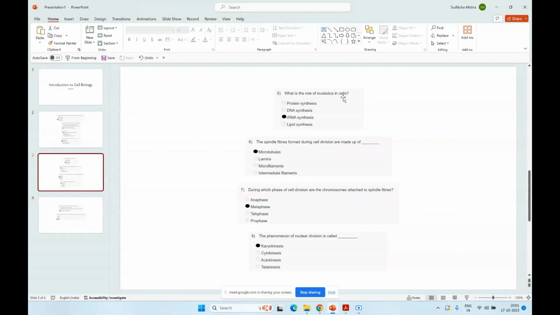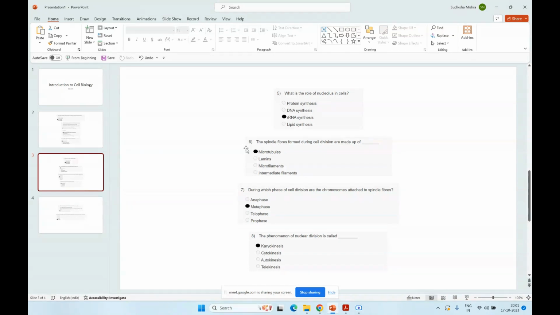What is the role of the nucleolus in cells? It's mostly responsible for rRNA, or ribosomal RNA, synthesis, which forms the ribosomes in the cell and are responsible for translation of RNA into proteins.